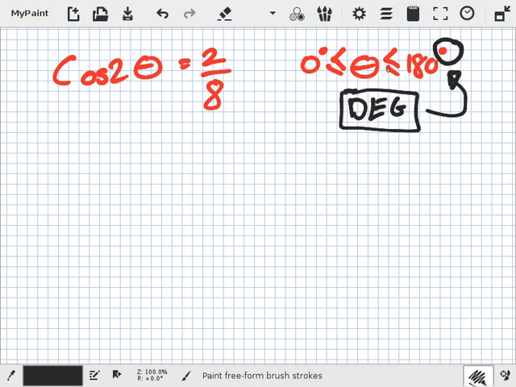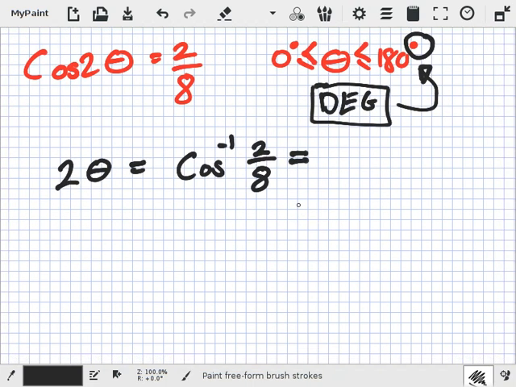Right. What do we do first? If you know, or any ideas? Forgotten? That's okay. So let me tell you what to do first. First thing, you use your calculator and you get cos inverse 2 over 8. You're in degree mode?